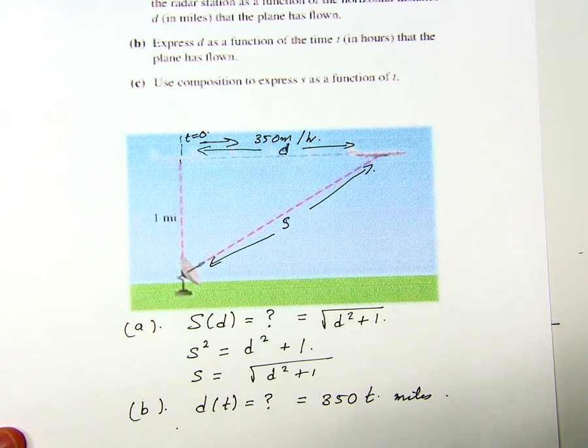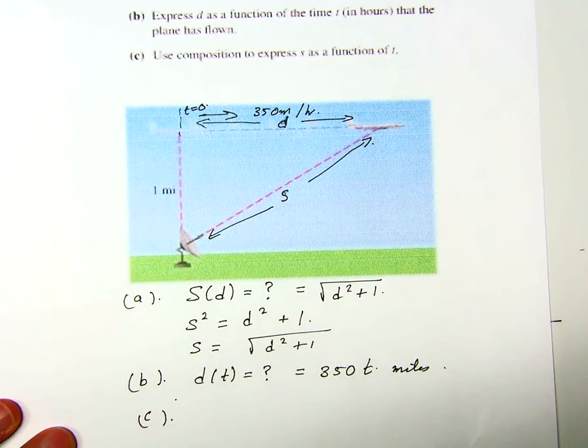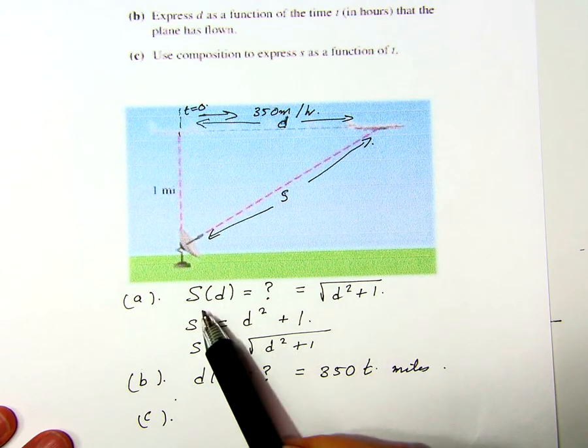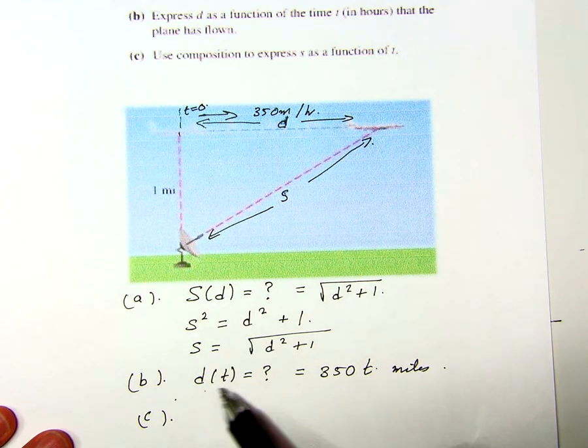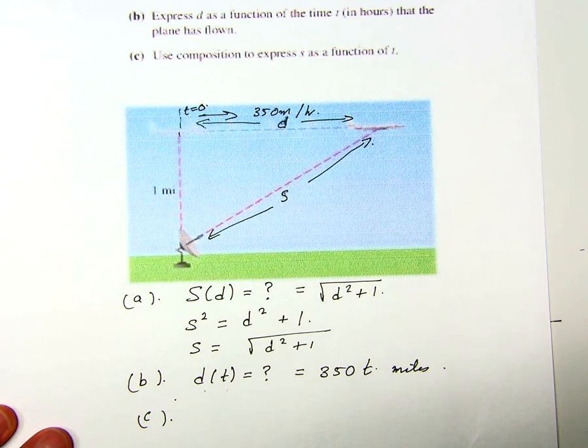Now part C says use composition to express s as a function of t, of time. We see s is a function of d and d is a function of t, so we can use composition of functions to get an expression for s in terms of t. So what is s as a function of t?